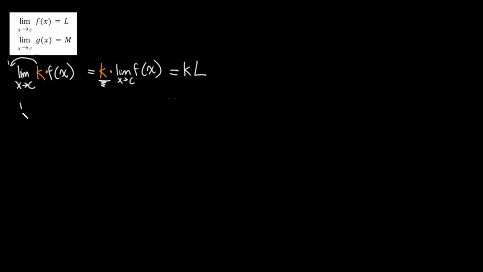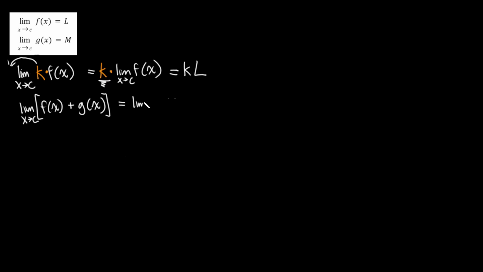Now, what if we have the limit as x goes to c of f of x plus g of x, and I'll put brackets to emphasize it. Then we can rewrite this: instead of the limit of the sums, we can do the sum of the limits.